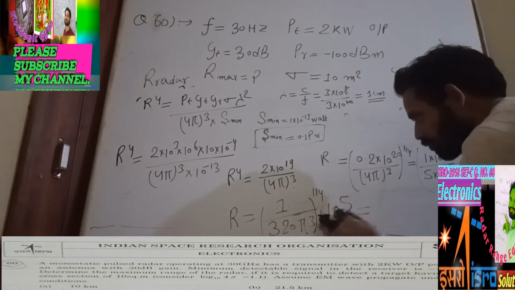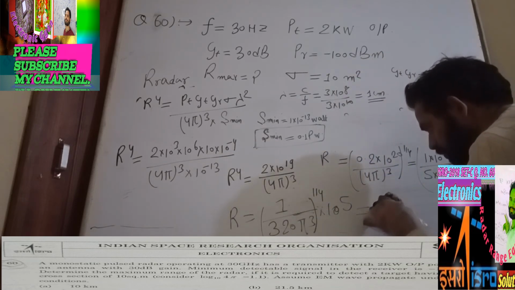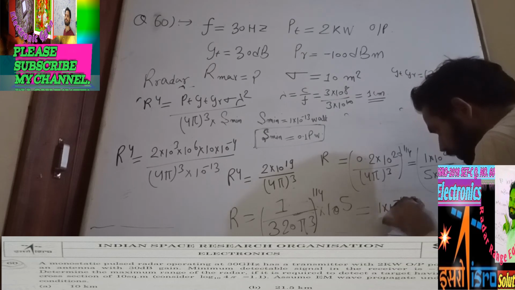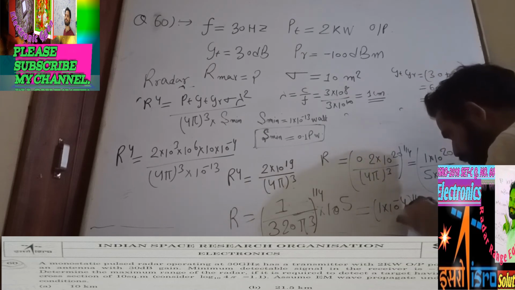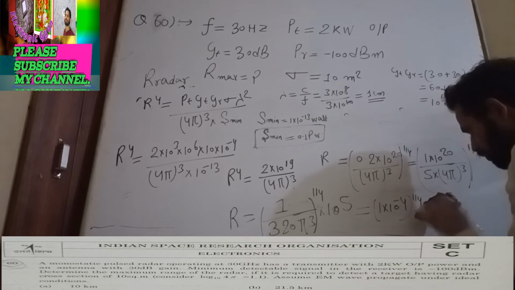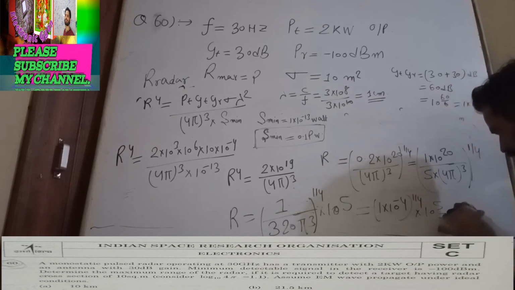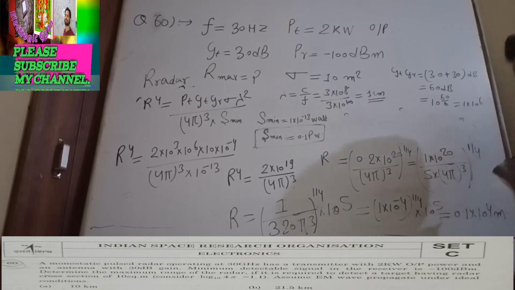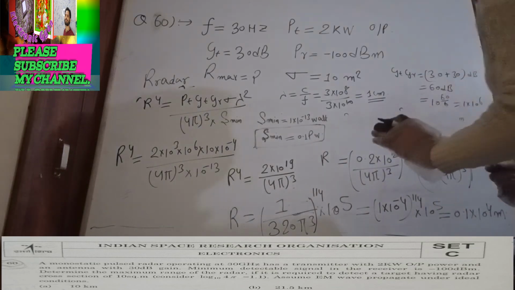So we get 1 into 10 to the power minus 4, into 10 to the power 5, which is 0.1 into 10 to the power 4 meter.